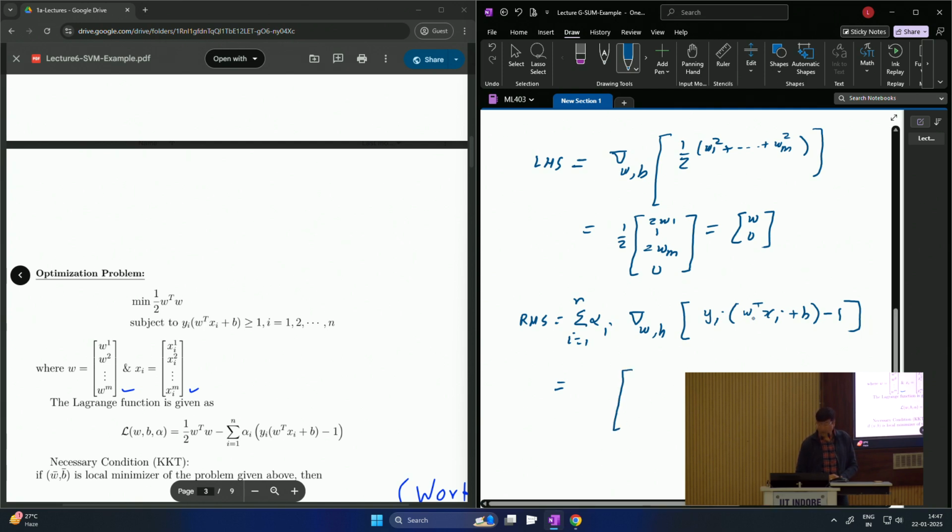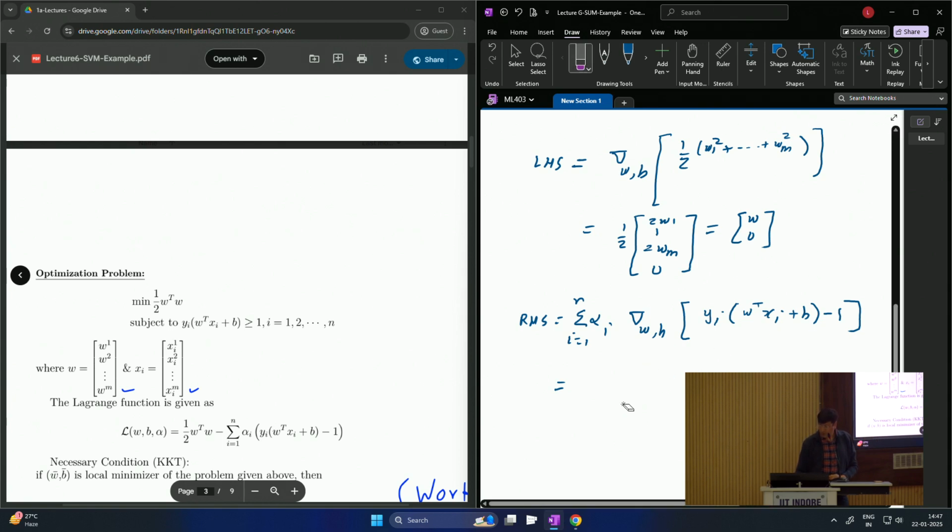Yi xi, correct? This will be w1 xi1, w2 xi2, wm xim. When you differentiate with respect to w1 through wm, you are left with xi1 to xim, the mth dimension. Can everybody see? Should I write it down? Here, in the middle. Are you here? Are you getting it? Okay, let's write it down.